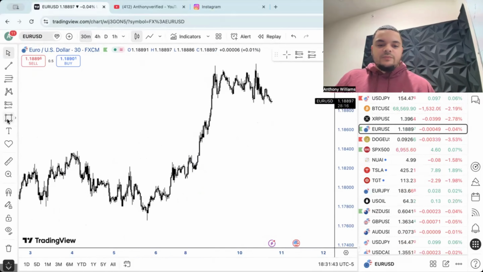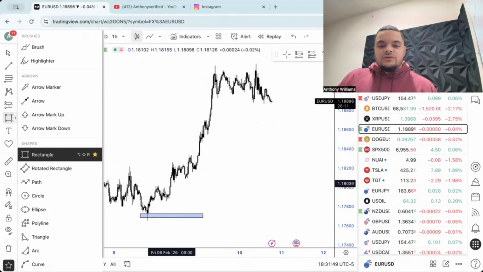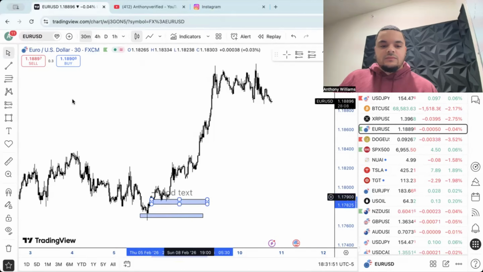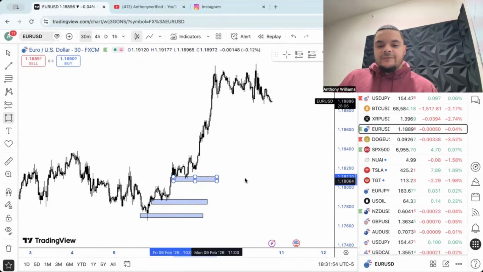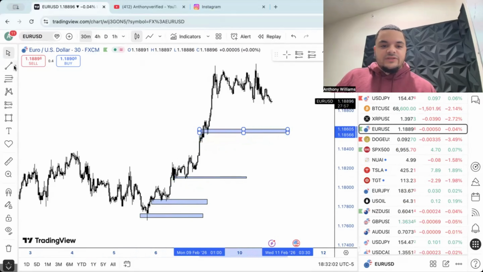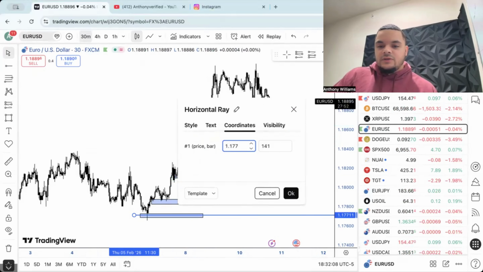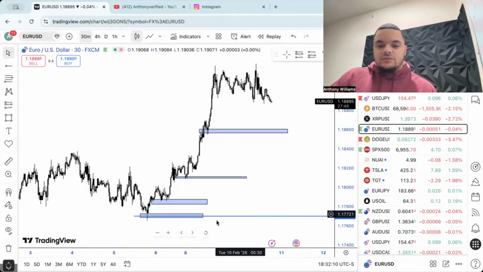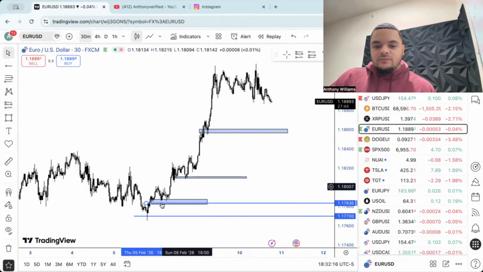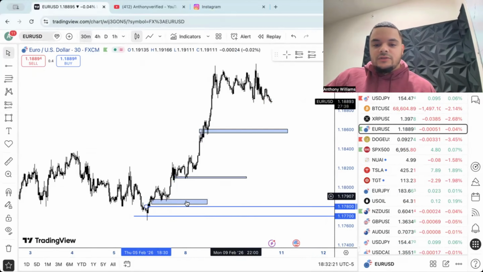And we're going to look for all our supports. You see your support right here. And you have support right here. Let's see where the price is. 700. Take away this box. 800.